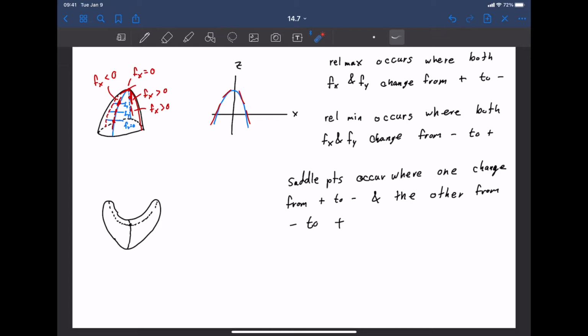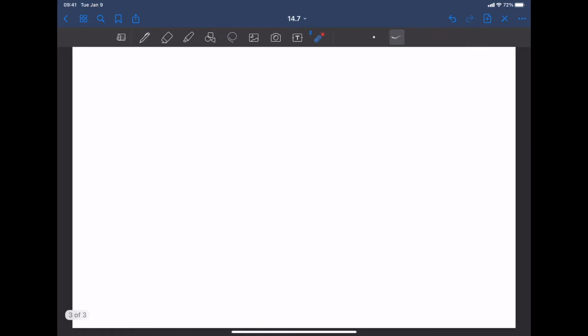It turns out that that's going to be an easier thing to check in 3D. So we'll have what we'll call the second derivative test, but it's going to be a little bit more iffy.